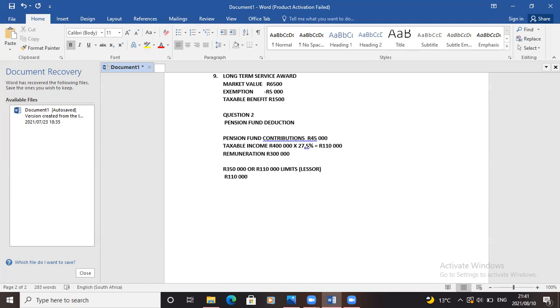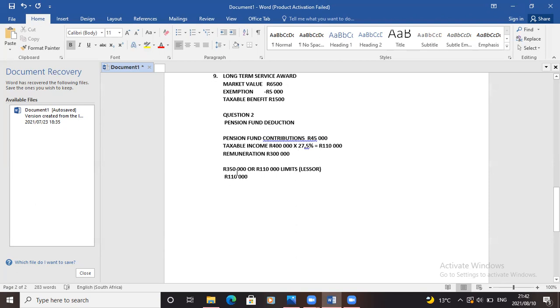The way I explained it, I thought it would be simple. If your contributions are less than the limit, it's the lesser amount between 350 and 27.5% of the higher of taxable income and remuneration.